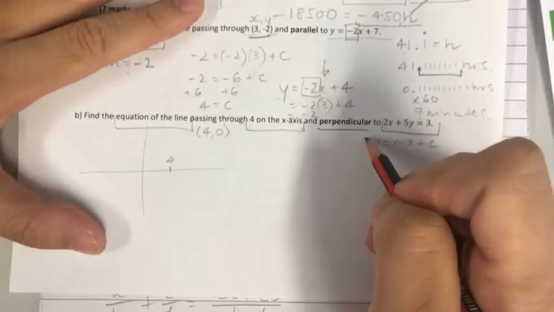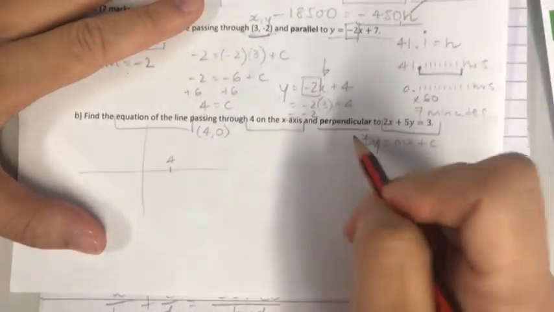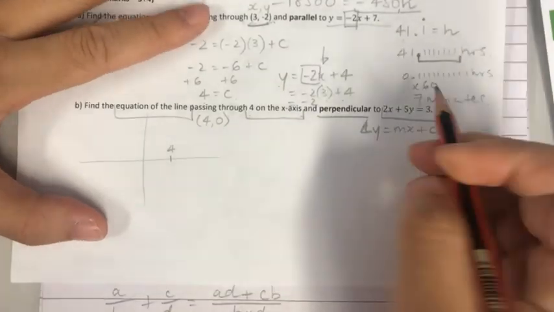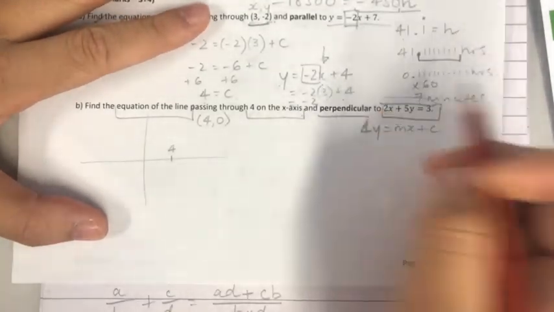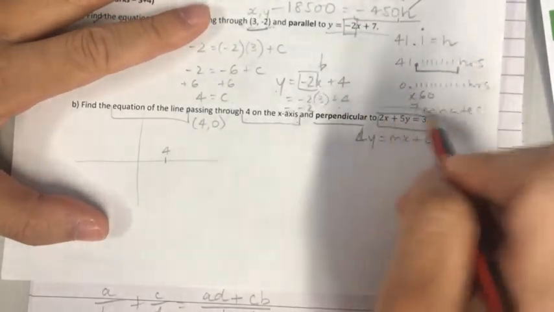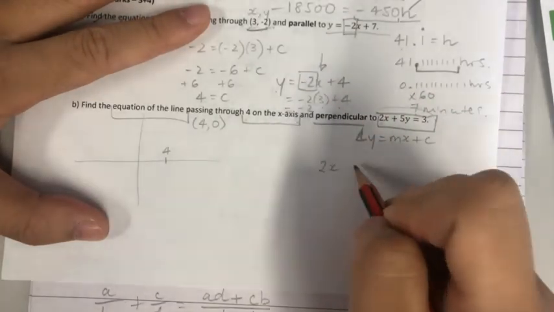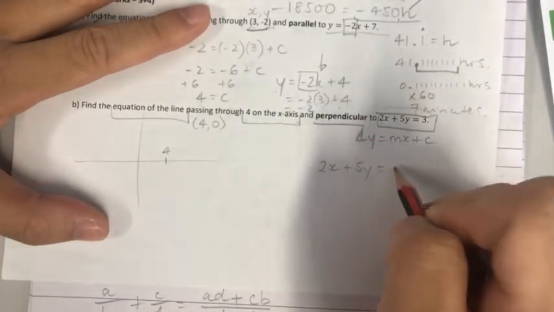And also, that's a 1 there, so only one y, not many y's, just one y. So if I take this equation, because I need to find out the gradient to put into my line equation that's perpendicular, I need to figure out what the gradient is to start off with. So how do I change this so it looks like that?